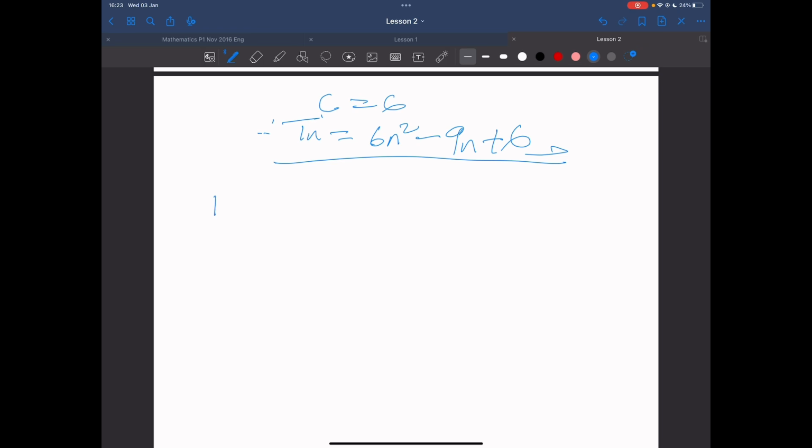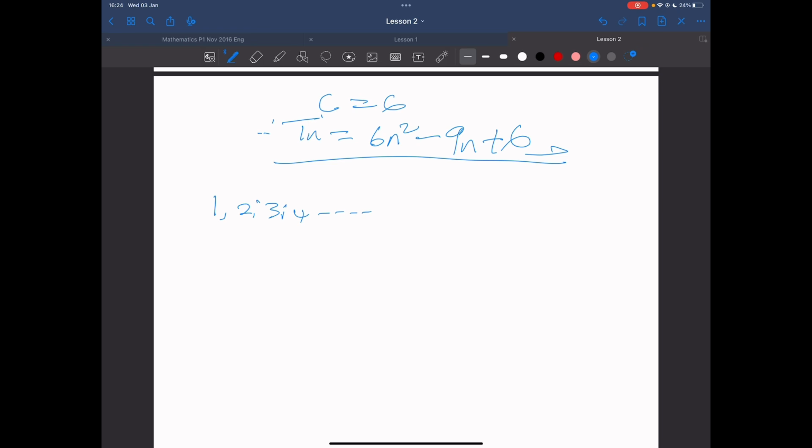In other words, the question is trying to say, let's prove that the pattern is increasing from 1, meaning 1, 2, 3, 4, like that. It is an increasing pattern from that.